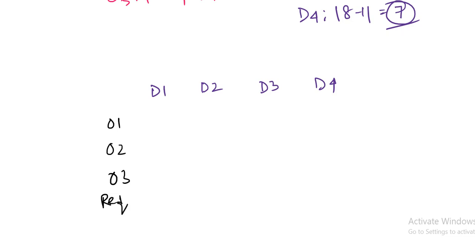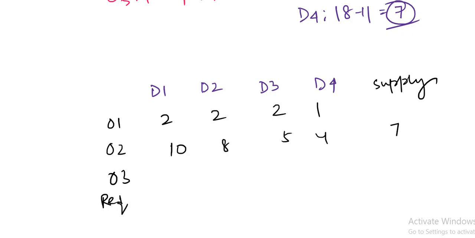So the value is, and here the value is for supply: 2 2 2 1, 10 8 5 4 7, 10, the supply is 0, 7 6 6 8 5, and requirement is 4 3 4 4.